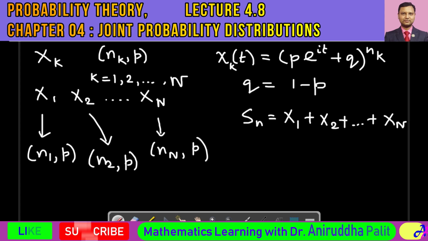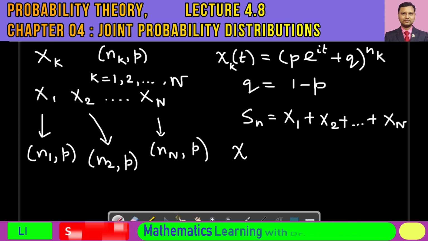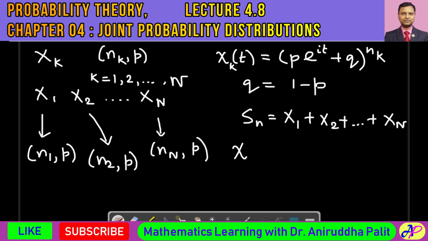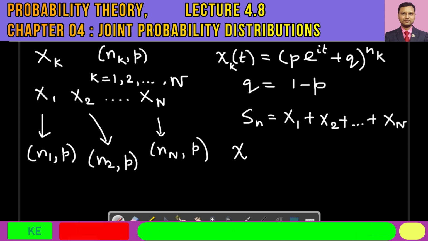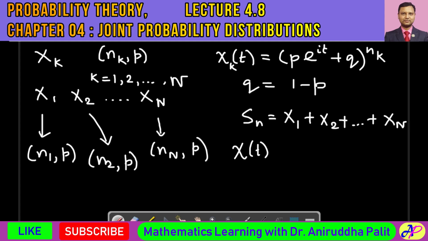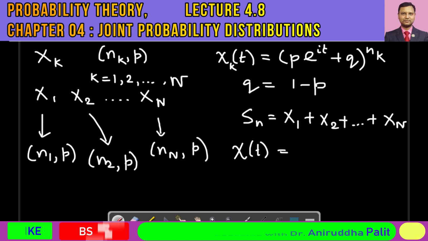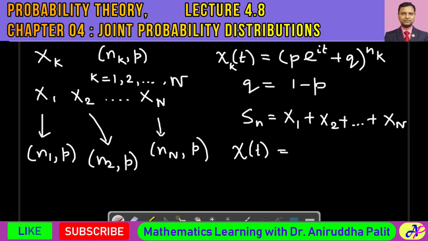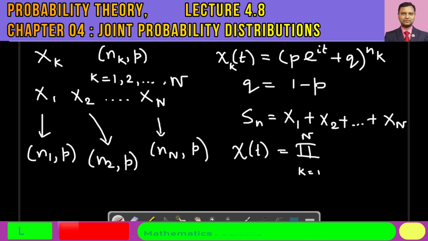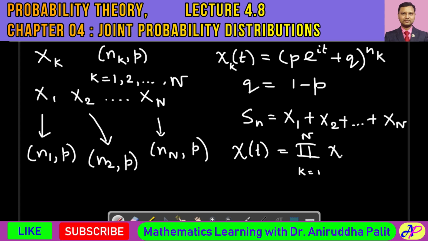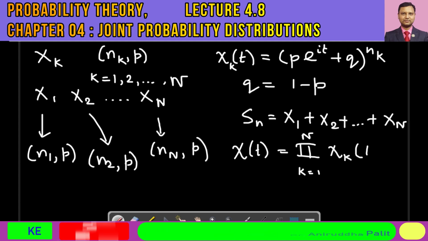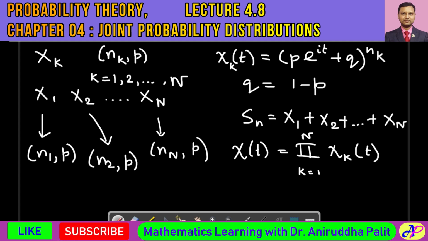In that case, what will be the characteristic function? By the reproductive property, the characteristic function of this Sn, let us simply denote it by chi of t, would be equal to the product of all these characteristic functions. So we should write the product symbol, k equal to 1 to capital N, of chi k of t.